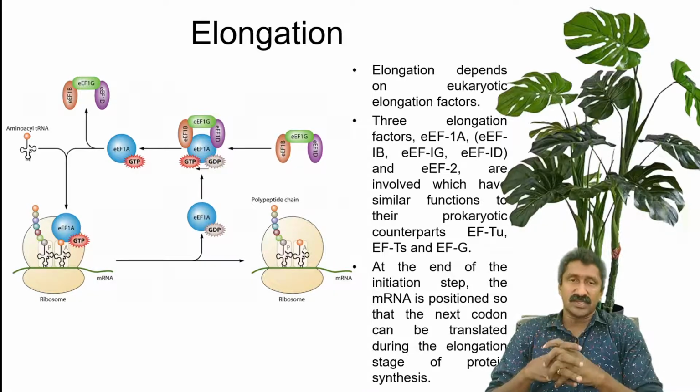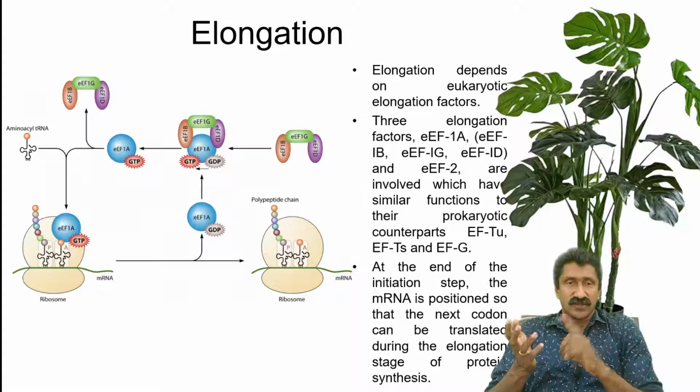In prokaryotic elongation, we have 3 different proteins involved. The first factor is elongation factor TU in prokaryotes. The second one is TS, and the third is EFG in prokaryotes. And each has separate functions.